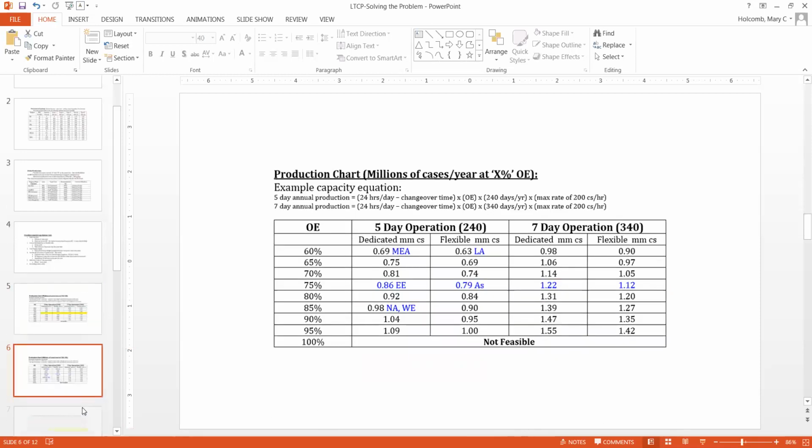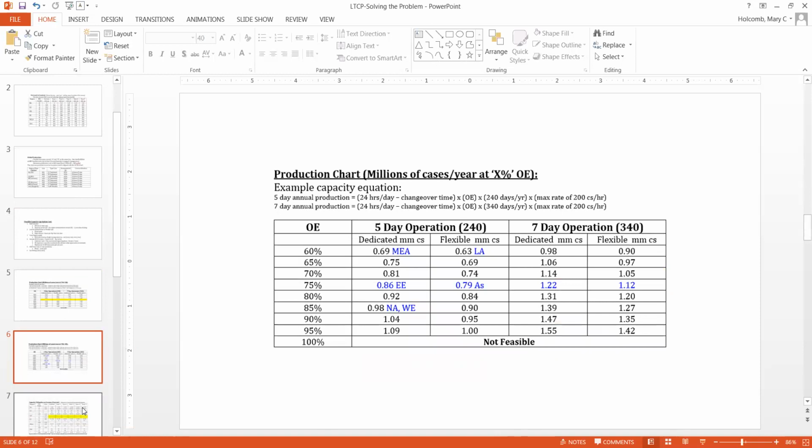Now, I will post the solution for the in-class exercise so you can also go back and check your work and work through these numbers to make sure that you know how to do them. But when we solve for that 75%, we got 0.86 for the 5-day dedicated. We got 0.79 for the flexible for 5-day, and so forth.